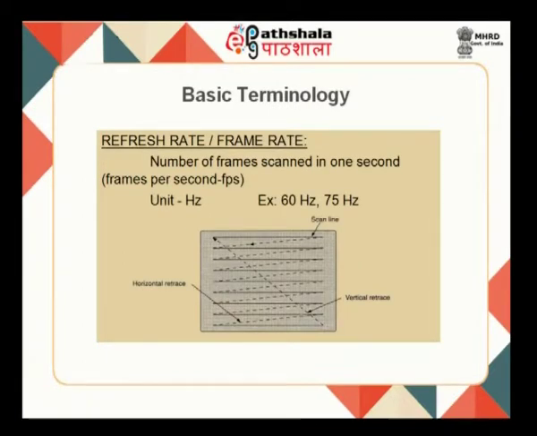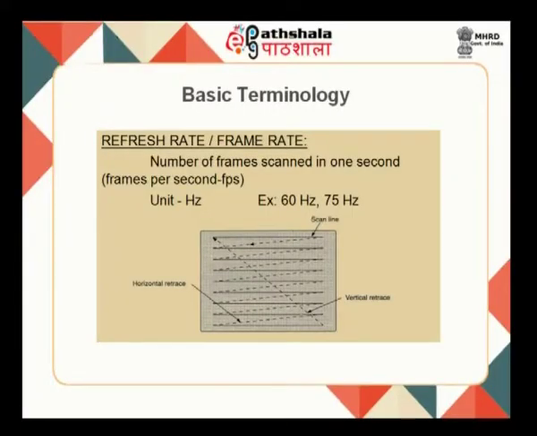Then the next important definition that we have to understand in depth is the refresh rate, or the frame rate. Refresh rate is the number of frames or screens scanned in a second. Every display device has this parameter, called the frame rate or the refresh rate. Whenever your display device has to throw something on screen, it scans the image on the screen 60 times a second.